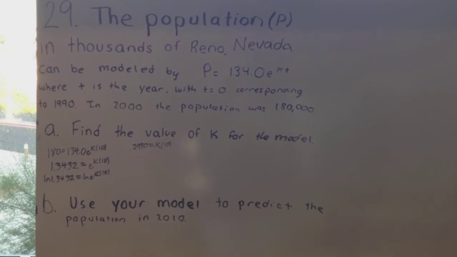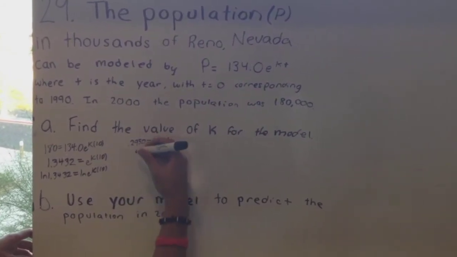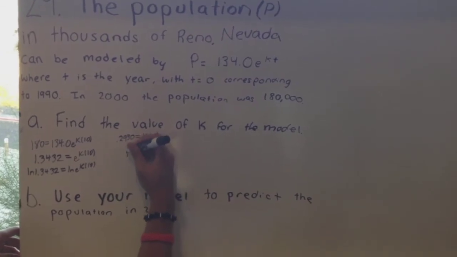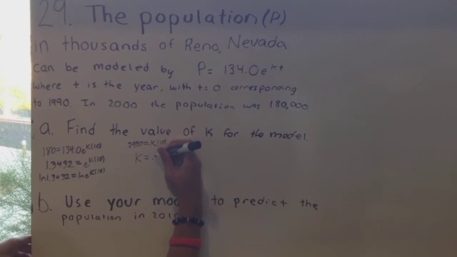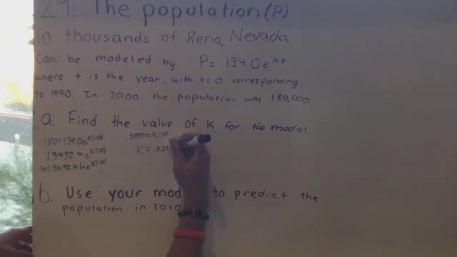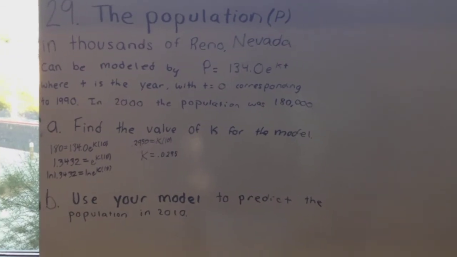After that, you would divide both sides by 10. Once you've done that, you will be left with your final answer, which is 0.0295.